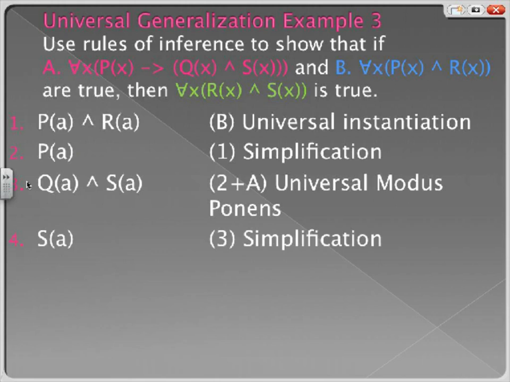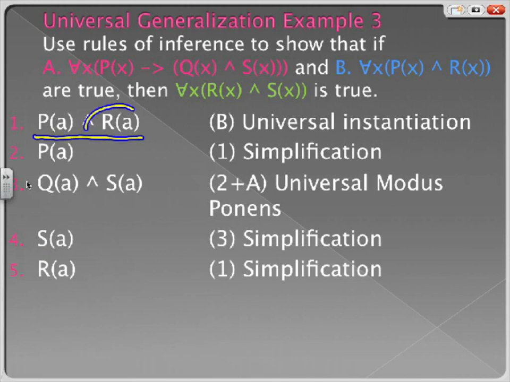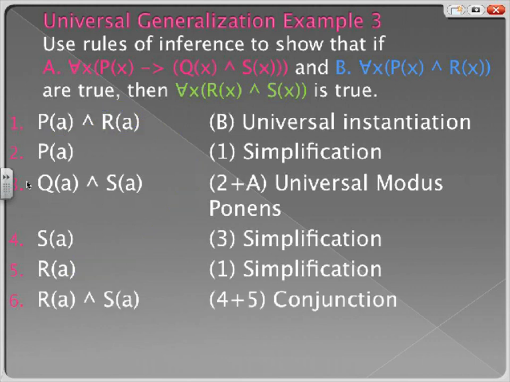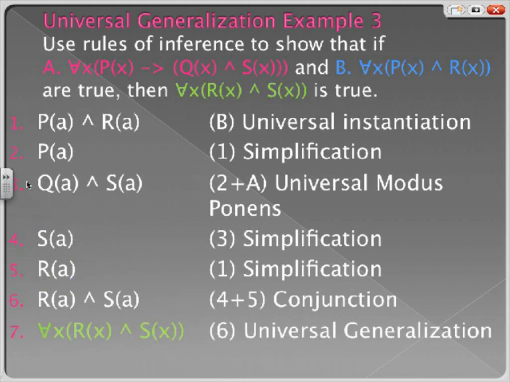We then simplify that to just S of a. And we can simplify the very first statement to just R of a. Then we can use conjunction on statements 4 and 5 so that R of a and S of a are true. And finally, we use universal generalization to say that for all x, R of x and S of x are true.